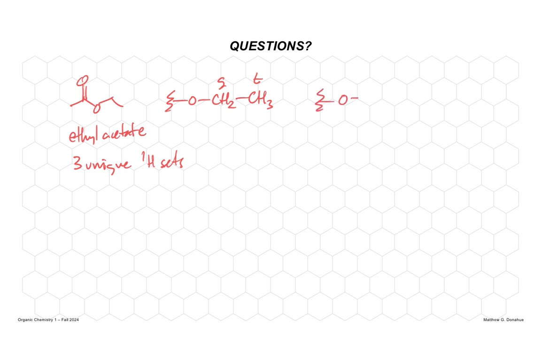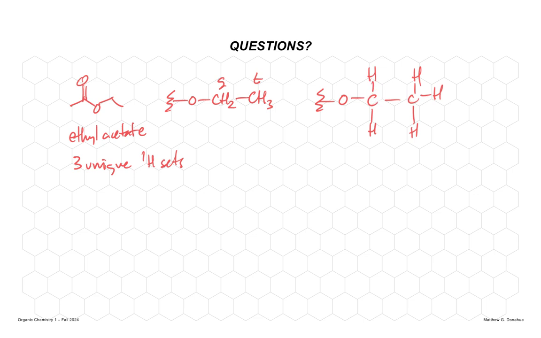I'll draw it a couple different ways here. So again, that signal appears as a quartet because of these three hydrogens, their spin information transferring back to this signal. And the way that I think about this is sort of, they're just talking sigma bond, sigma bond, sigma bond.